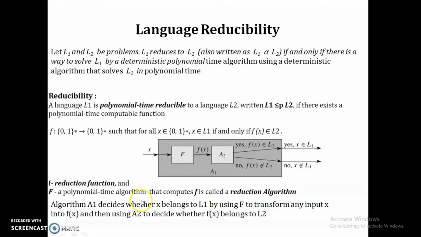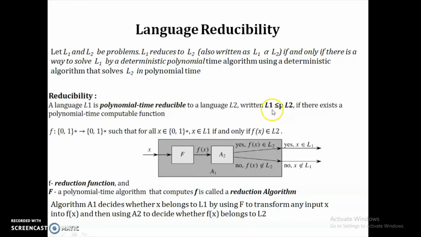So algorithm A1 decides whether x belongs to L1 by using the mapping function, or reduction function, and the algorithm A2 which is used for language L2. This is known as language reducibility, and now we can say that L1 is polynomial time reducible to language L2.